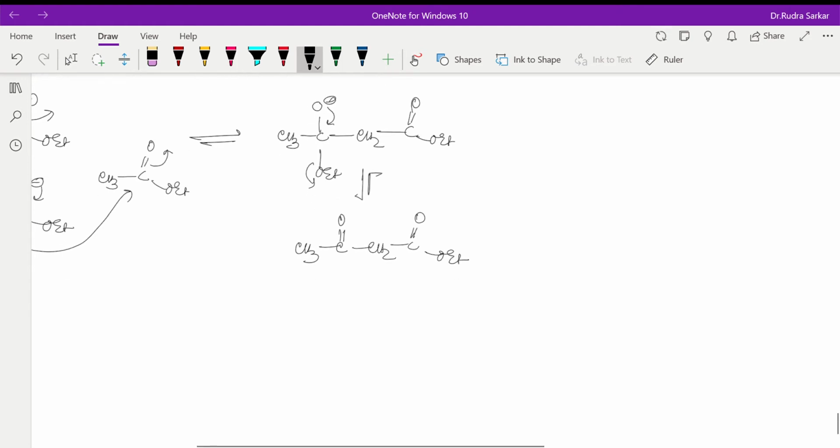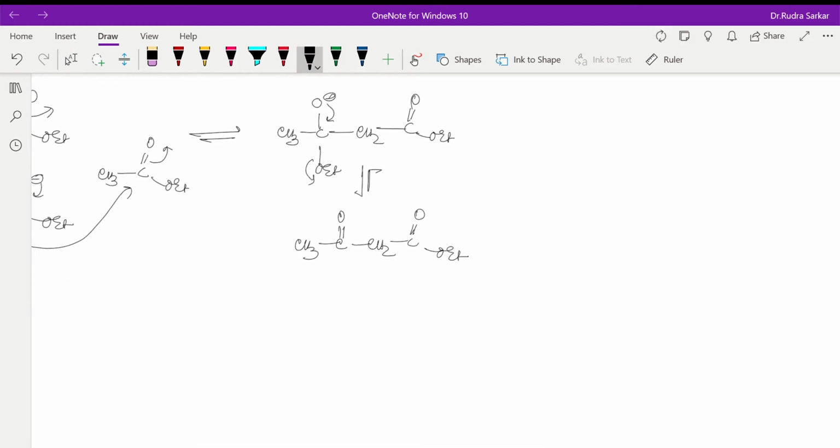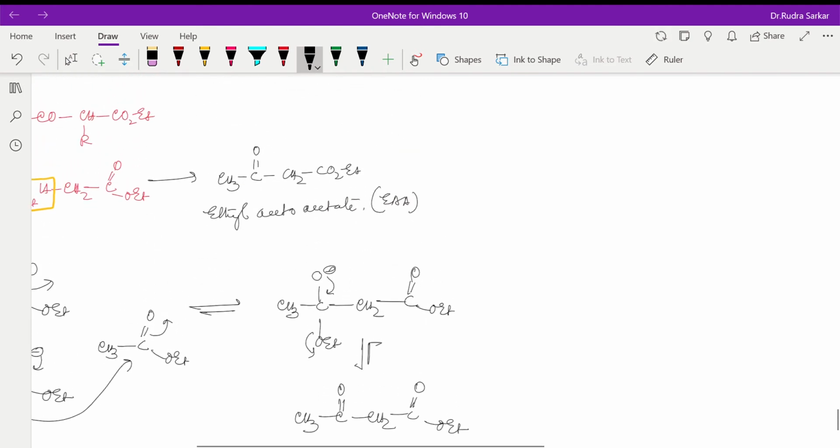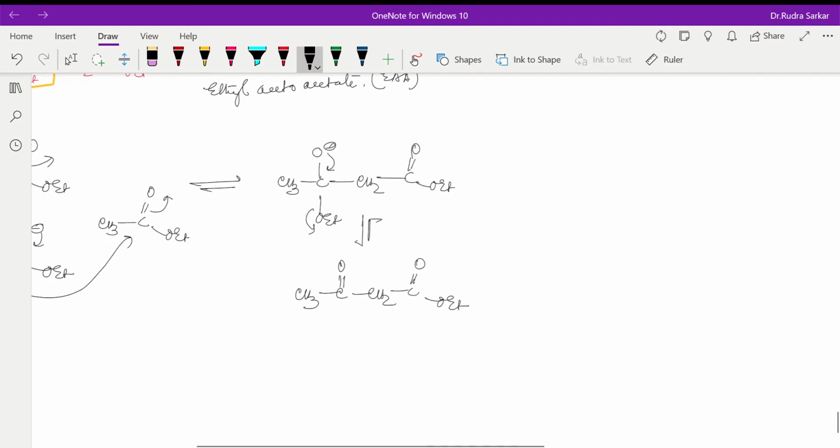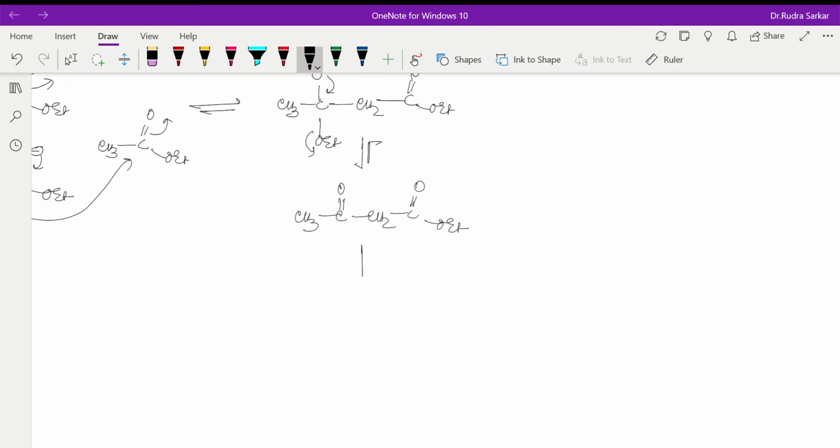Alright. Now to students it might appear, okay fine, I have the product. But that is not what is happening in the real reaction. This is a reversible reaction, so this particular product is lying in equilibrium.